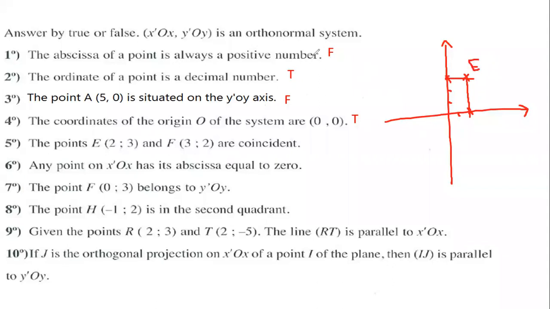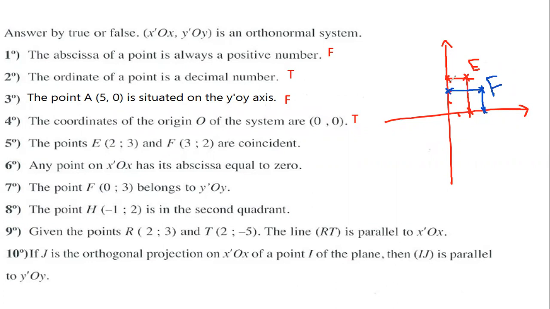Let me locate now point F. F has abscissa 3 and ordinate 2. If I draw a vertical line from the abscissa and a horizontal line from the ordinate, where they meet is F. Are E and F coincident on the same point?